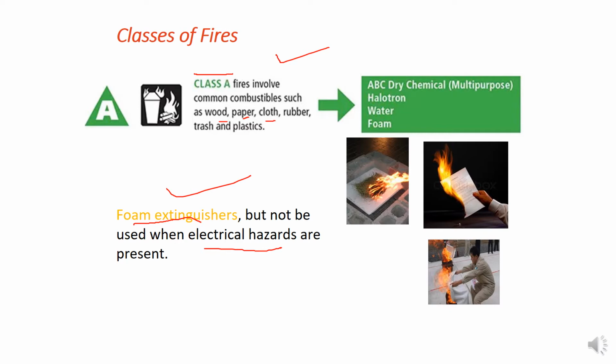Dry chemical can also be used. They contain halotron, water, and foam. This is the ABC dry chemical, a multi-purpose fire extinguisher, so they can also be used.